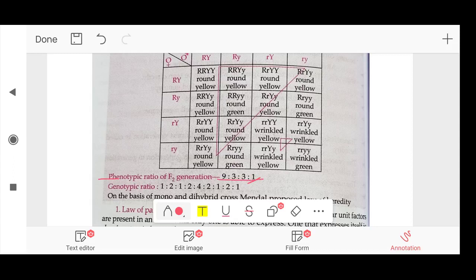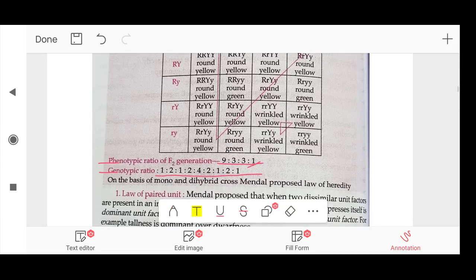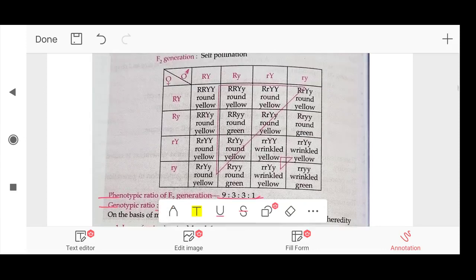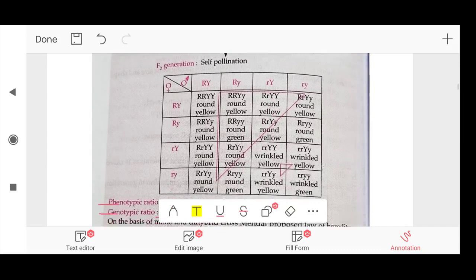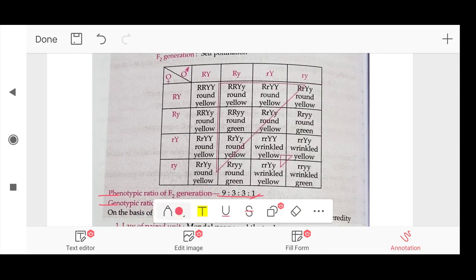And the genotypic ratio is 1:2:1:2:4:2:1:2:1. I earlier told you that the genotypic ratio concerns the genes responsible for the physical character, from all the different gamete combinations. So here we got this genotypic ratio.